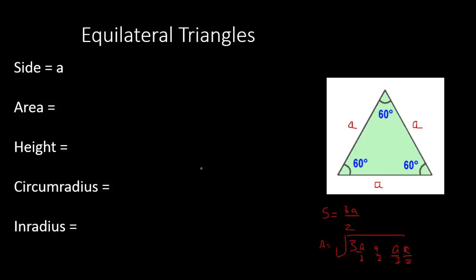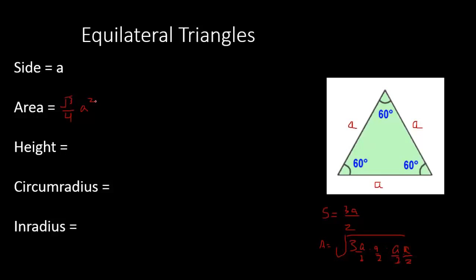Again, the area of an equilateral triangle would be root 3 by 4 a squared. So if you know the side of an equilateral triangle, you can very well calculate the area of the equilateral triangle. And how did we come to know that? We just used Heron's formula, and instead of a, b, c we put a, a, a.